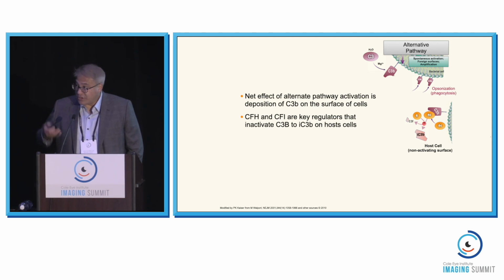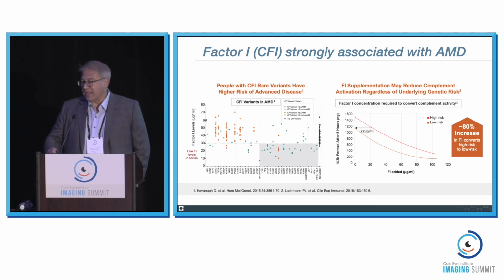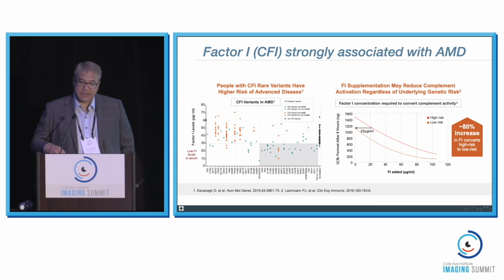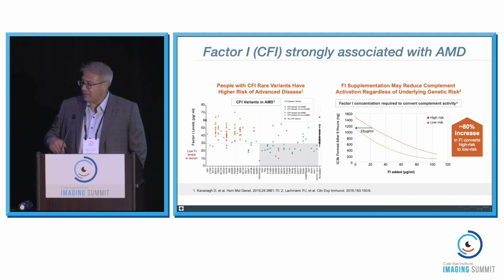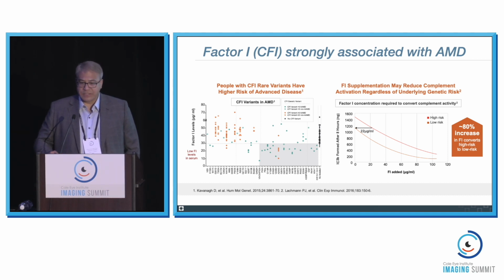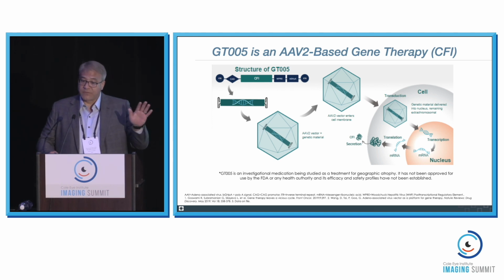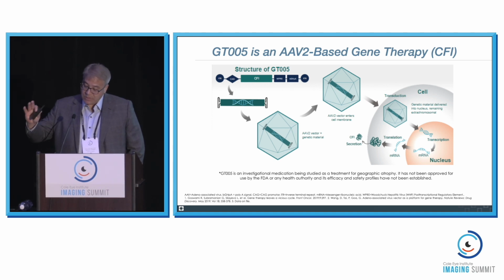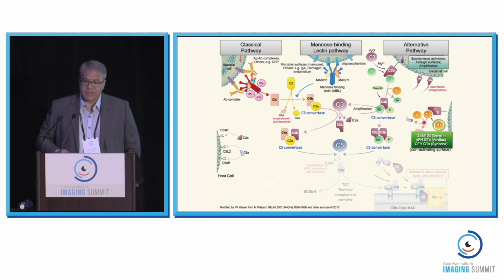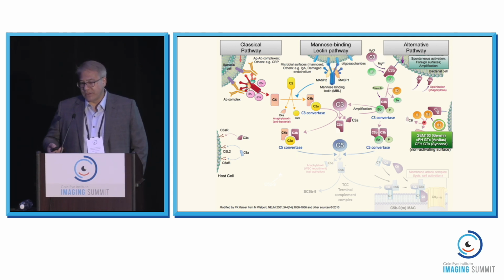The way we shut off the system is using factor H and factor I, and the levels of your factor I and factor H strongly associated with your development of macular degeneration. So companies are using the idea of using gene therapy to deliver normal factor H or factor I. And this idea then is that you have some sort of a defect in the factor H and factor I, so you can't turn off the amplification step of the alternative pathway.